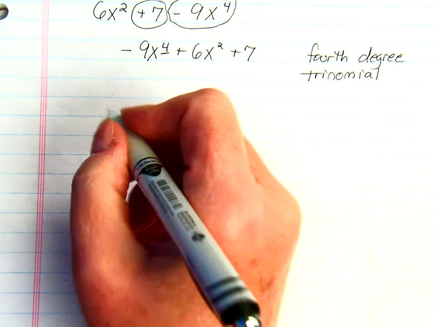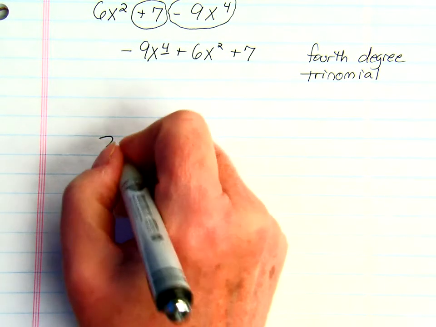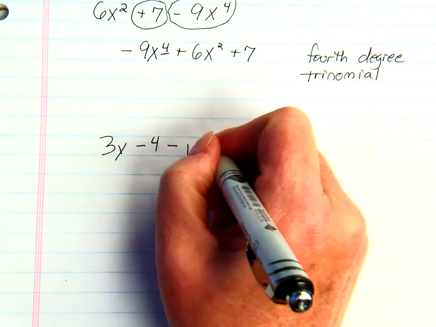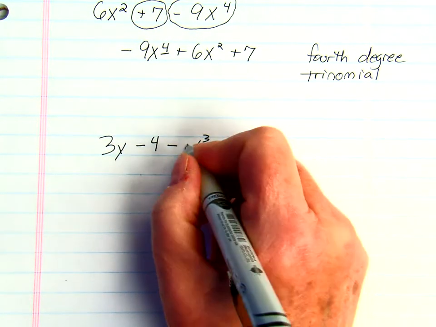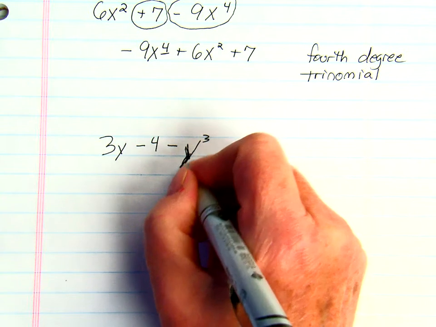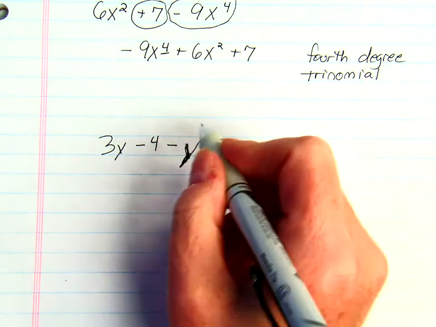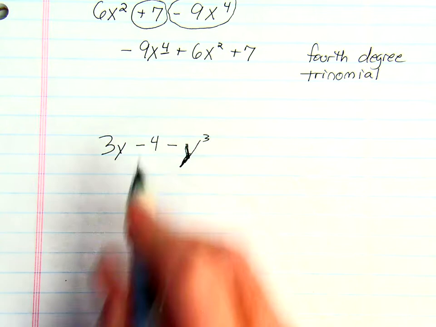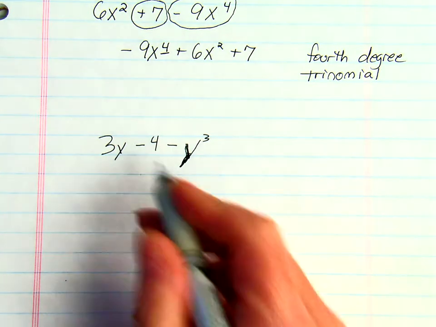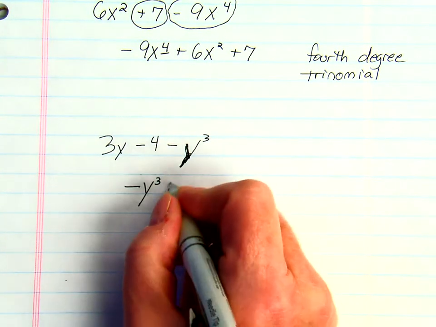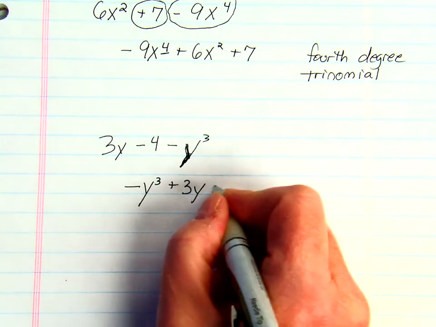Let's look at another one. Let's look at 3y minus 4 minus y cubed. I really wrote that badly and I'm sorry. Putting it in proper order, remembering to keep those signs in front of it, we get negative y cubed plus 3y minus 4.